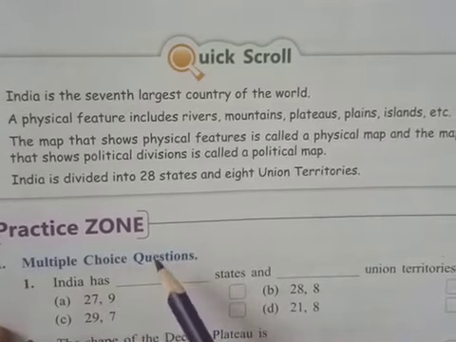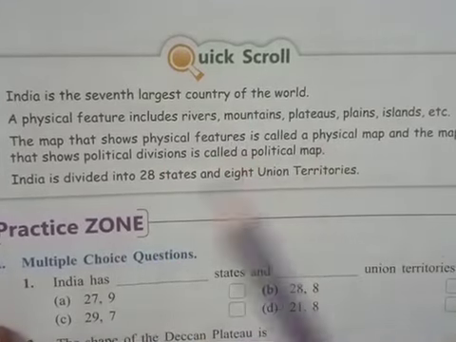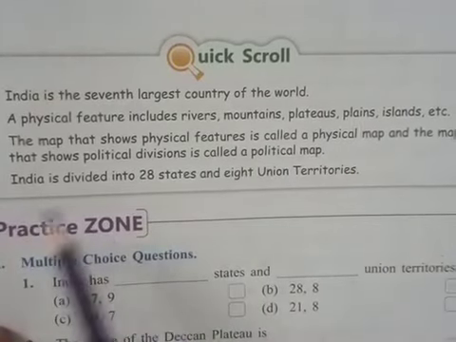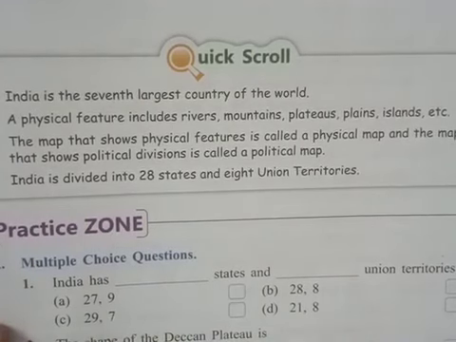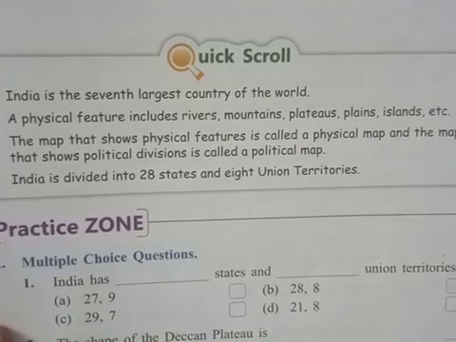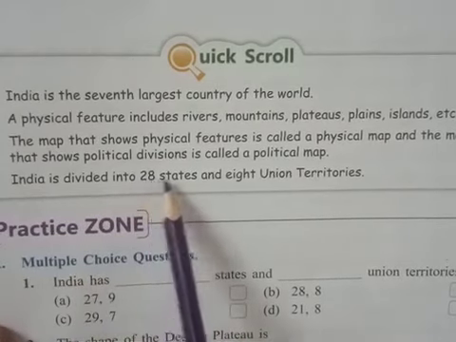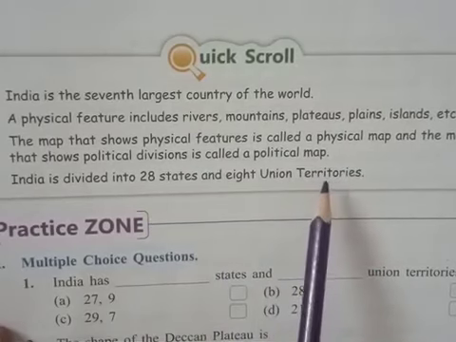That map shows physical features, it is a physical map. How many states and union territories in India? India is divided into 28 states and 8 union territories.